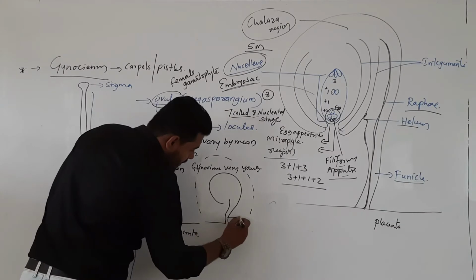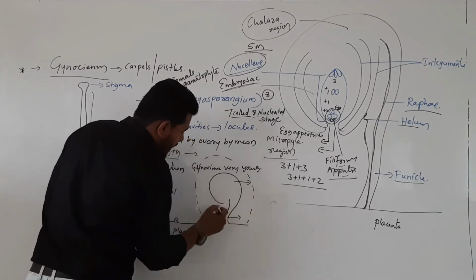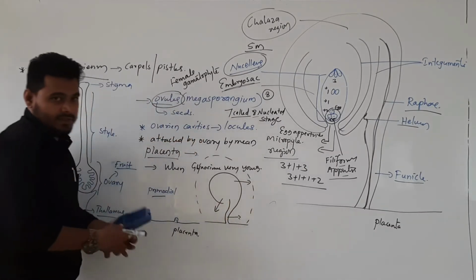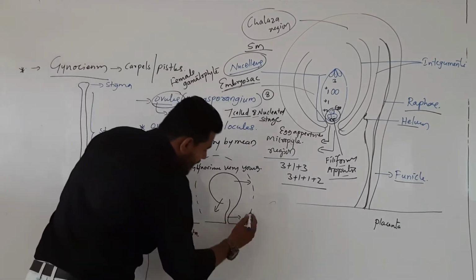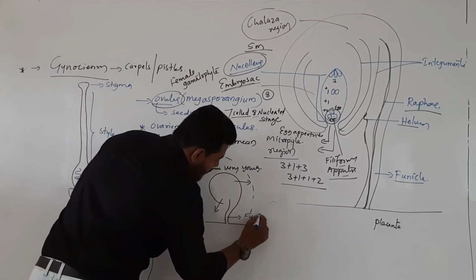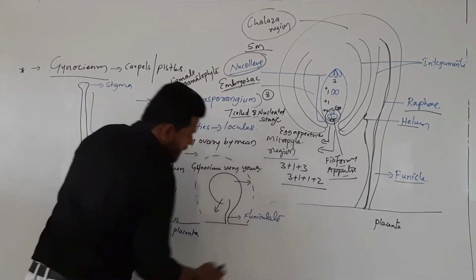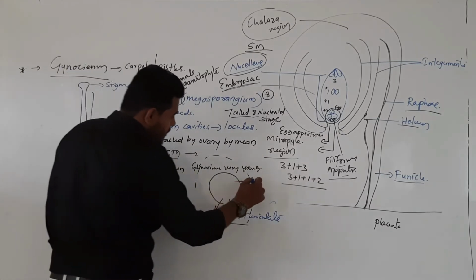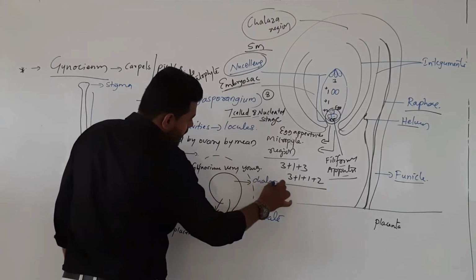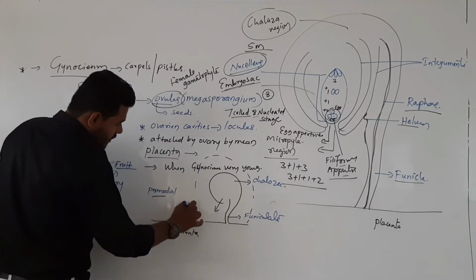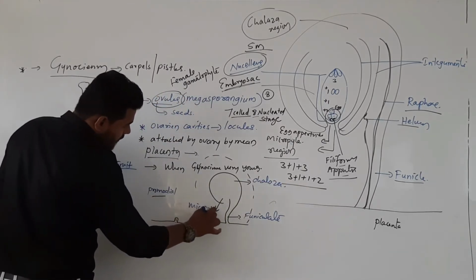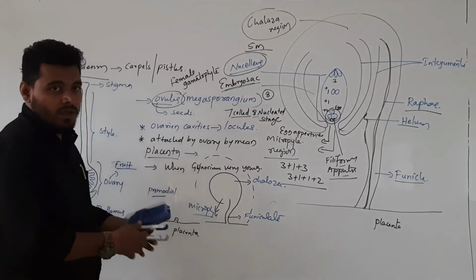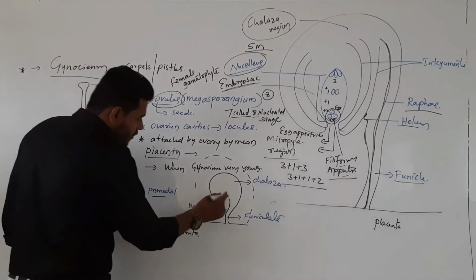Here it can easily be identified by three regions. The basal part is called the funiculus. The distal part is called the chalaza, and the proximal part is called the micropyle. Now observe the micropyle region.